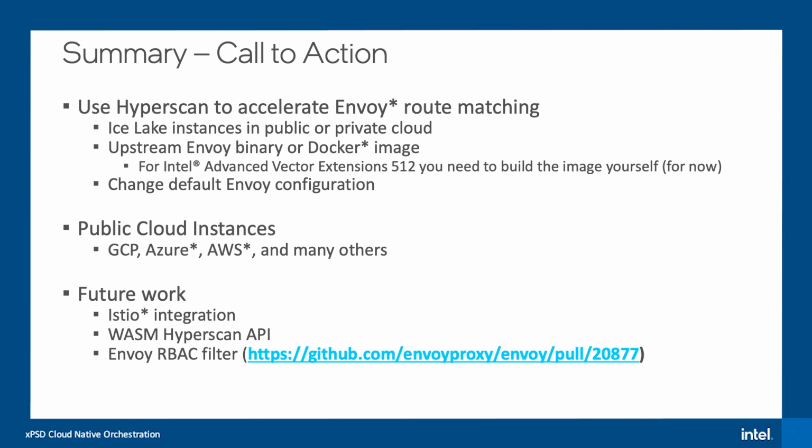For AVX512, we go with the note that you need to build your image yourself. For now, we are working on fixing that, but that's the case right now. And then finally, you need to change the default Envoy configuration, the routing, to use the Hyperscan library. You can do this in many places, including the public clouds, Google, Azure, AWS, and many more.